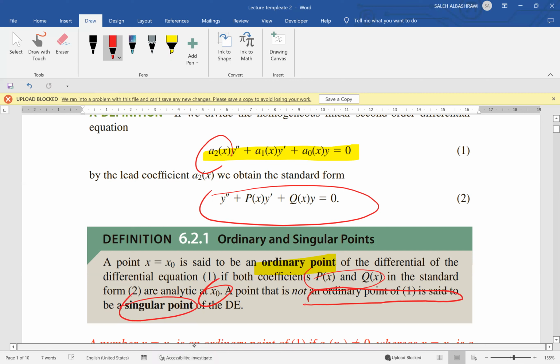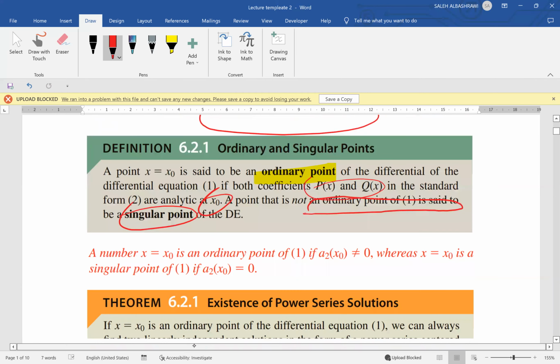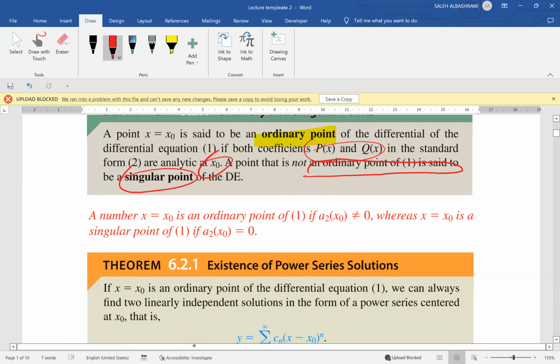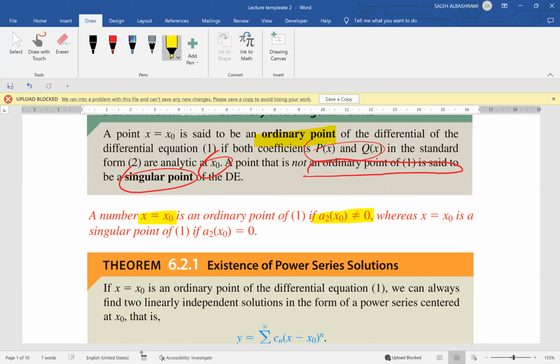So we have ordinary points where p of x and q of x are analytic. We can say differentiable, continuous, and everything is defined at this point x sub 0. If it is not an ordinary point, then we call it a singular point. More generally, we can say that x equals x sub 0 is an ordinary point of 1 if a2 of x sub 0 is not equal to 0.